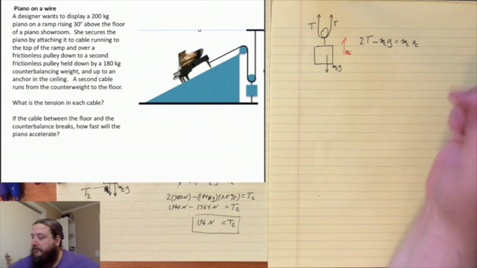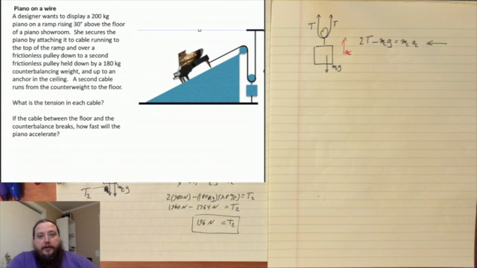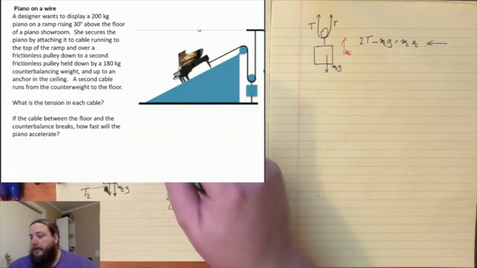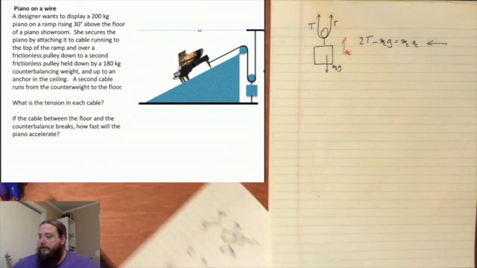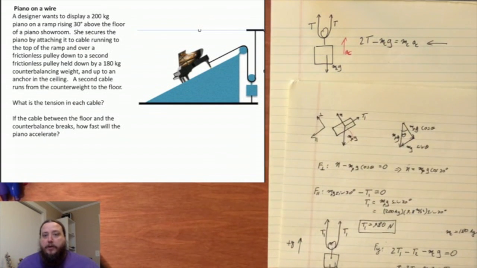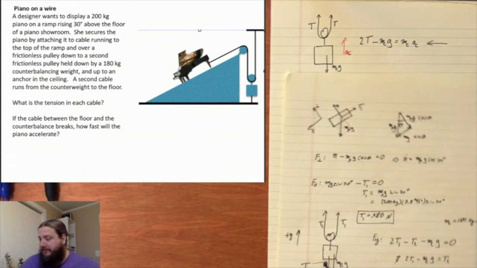All right, so this is going to be one of our relevant equations to calculate how fast the piano accelerates. The other one we have to look at is, go back over here to our free body diagram for the piano. Well, the free body diagram for the piano hasn't actually changed significantly.